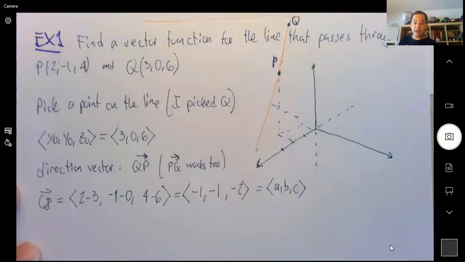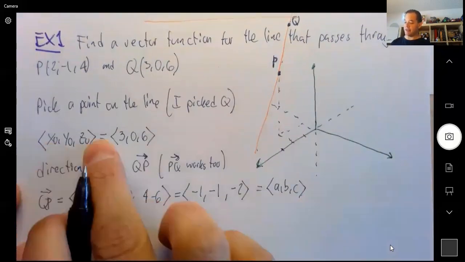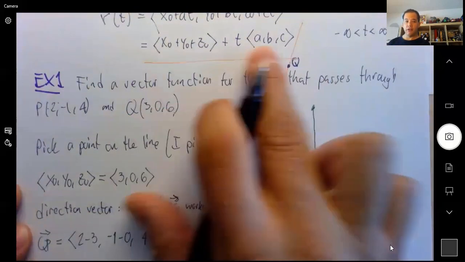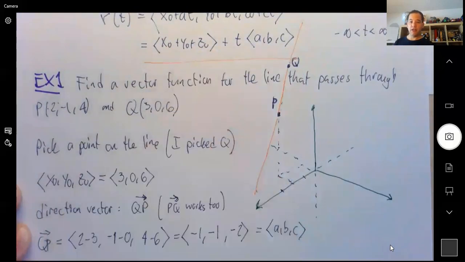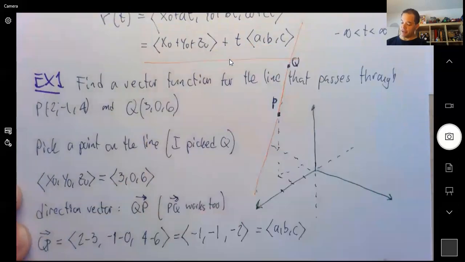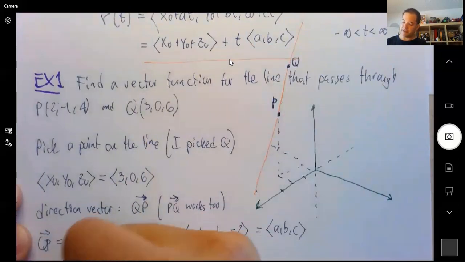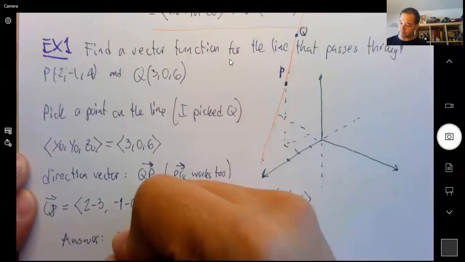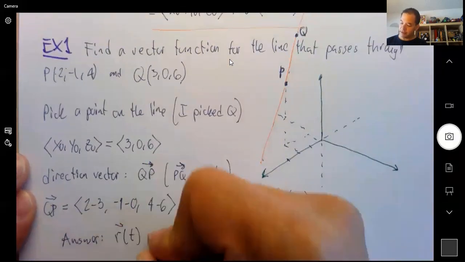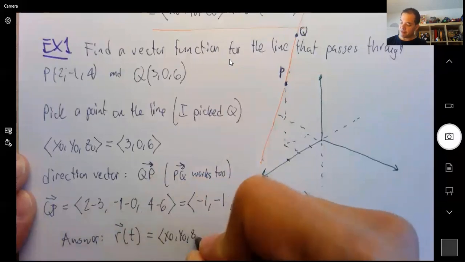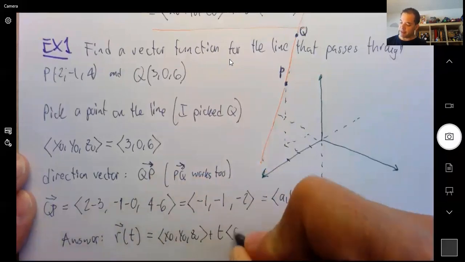And that's it, right? I have a, b, c and I have x0, y0, z0. That's all I needed, right? Looking here, if you look in here, you'll notice that that's exactly what I need. I only need x0, y0, z0, and a, b, c. So here's the answer. The answer is r of t is going to be x0, y0, z0 plus t times a, b, c.